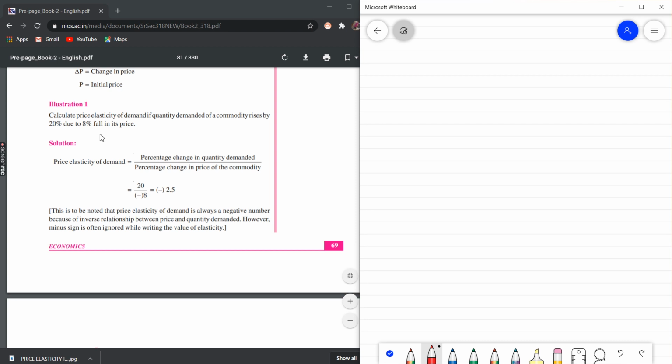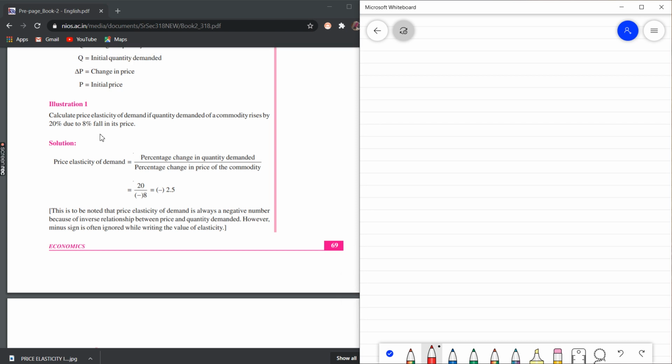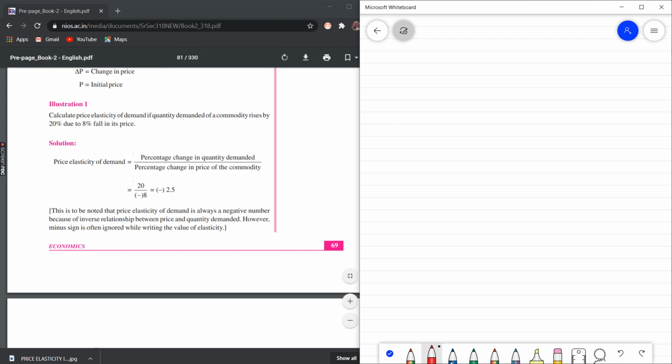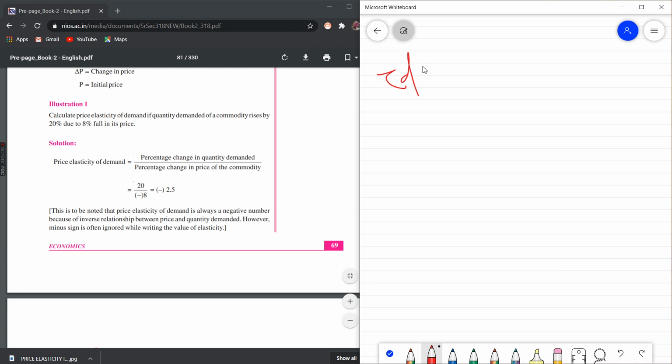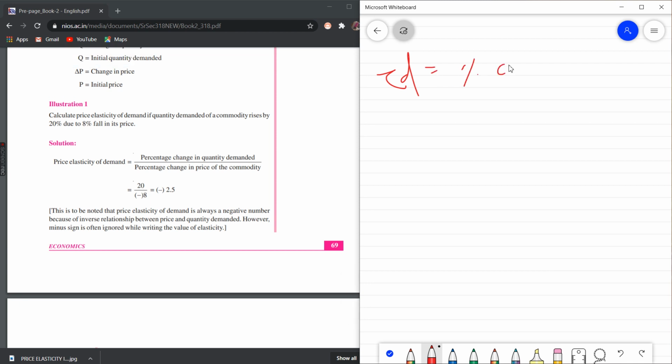They have already given the question in percentage itself. So what we have to do is simply write the formula first. ED is equal to percentage change in quantity demanded by percentage change in price.